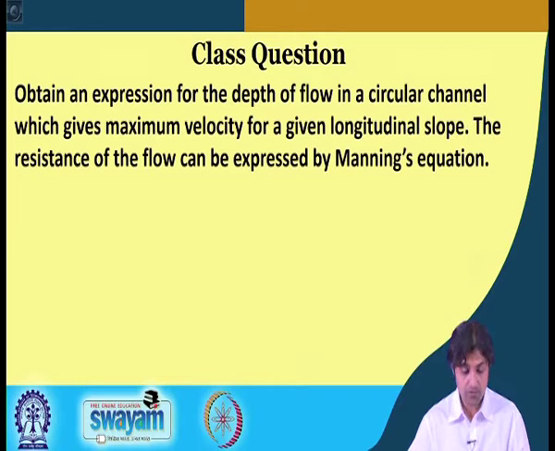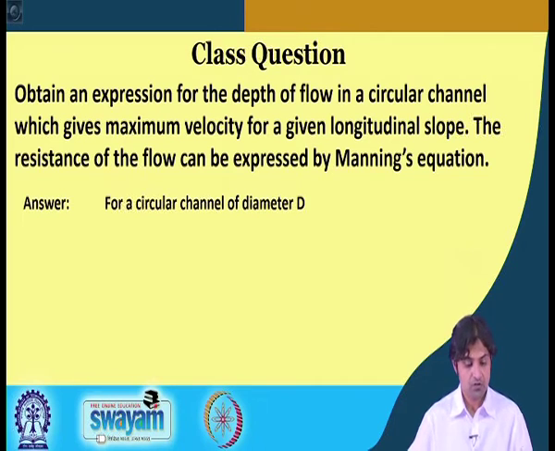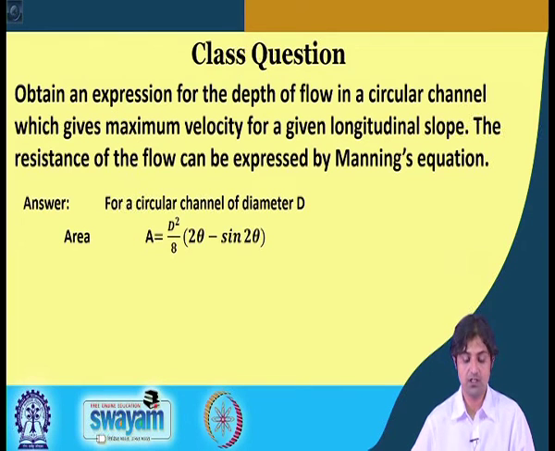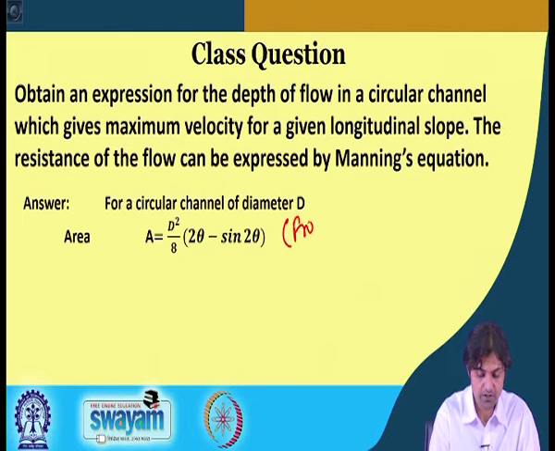We already know about the circular channel because we derived it in the last question. For a circular channel of diameter d, the area in terms of diameter and theta is given as d square by 8 into (2 theta minus sin 2 theta) from the previous question.